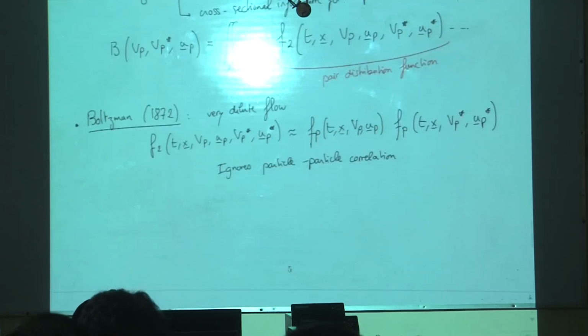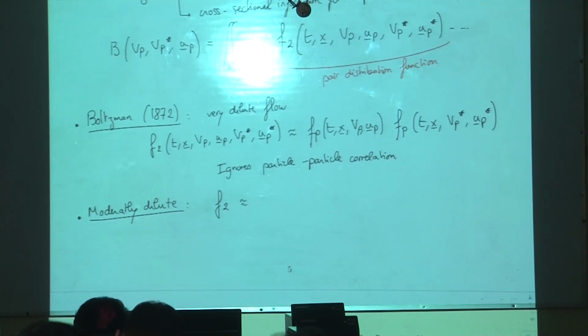And I wanted to close the loop with something we said this morning. If you have a moderately dilute flow, you cannot assume that the behavior of one particle is independent from the behavior of the neighboring particles. So you'll have to have a better model. And for that, there is an opportunity for us to reintroduce the concept of the radial distribution function. This is, in fact, where this comes from initially. You can model this F2 as being essentially the F2 provided by Boltzmann, and then correct it.